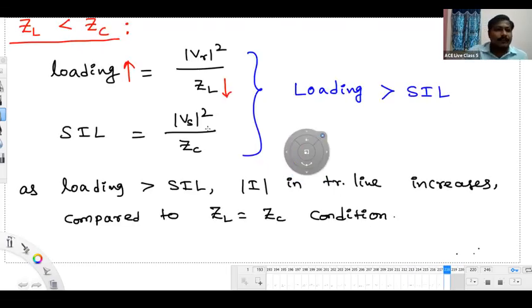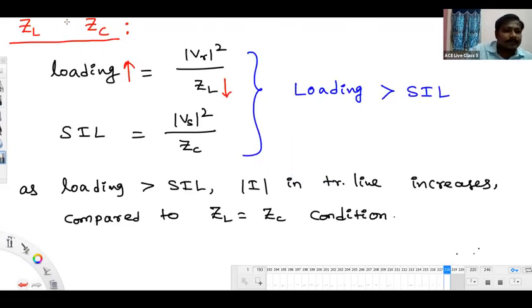So this is the condition of ZL greater than ZC we are discussing. Whenever ZL is high, loading will definitely be less, so I can call loading less than SIL.